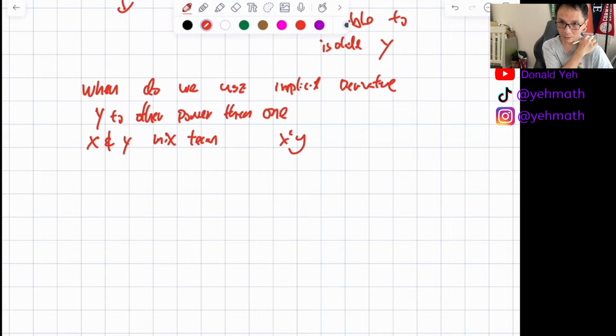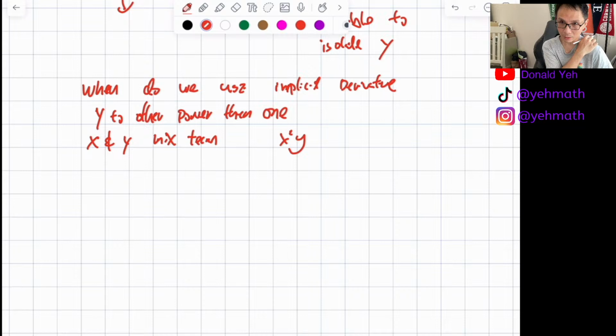So for example, if I take d/dx of x squared, that's going to give you implicit derivative actually, because if I take a derivative of x squared, that's going to give you 2x. Yesterday we talked about bubbles: this is the first bubble, this is the second bubble.